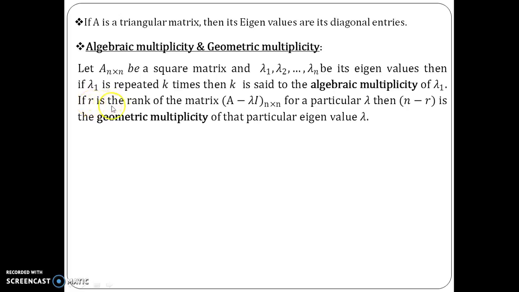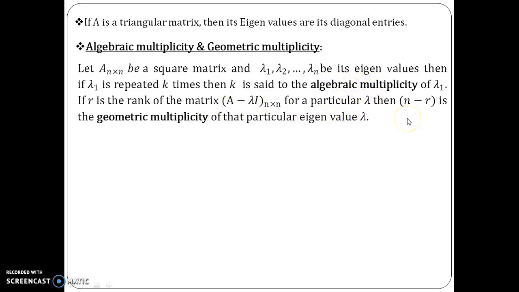If r is the rank of the matrix A minus lambda I for a particular lambda, then n minus r is the geometric multiplicity of that particular eigenvalue lambda. I'll help you with an example for this definition of geometric multiplicity. Also, we will see an example for algebraic multiplicity first.